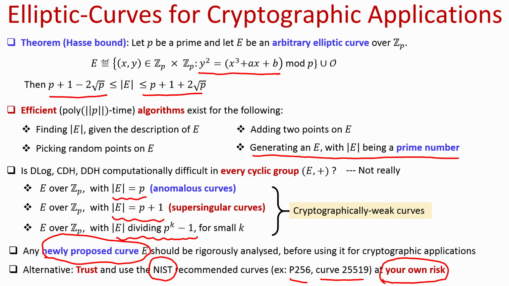That is why, for such critical applications, the government pushes to come up with new curves, analyze them, and use them for instantiating cryptographic primitives. But it turns out that for many practical purposes, the NIST curves are very popularly used for instantiating the cyclic groups for cryptographic primitives.